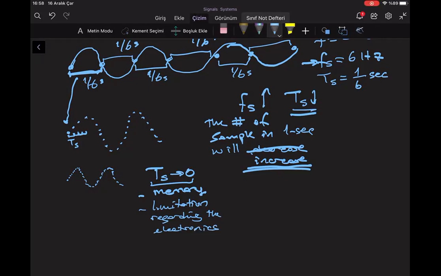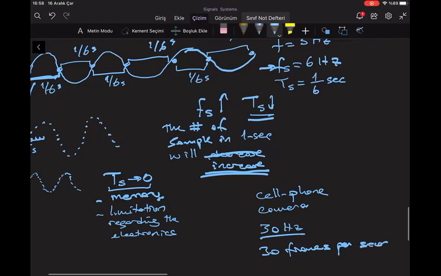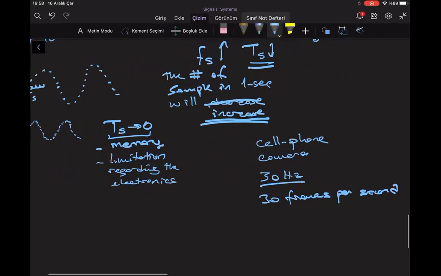You know our cell phone cameras take pictures with 30 hertz. That means 30 frames per second. If I have a better cell phone, it might go up to 60 frames.